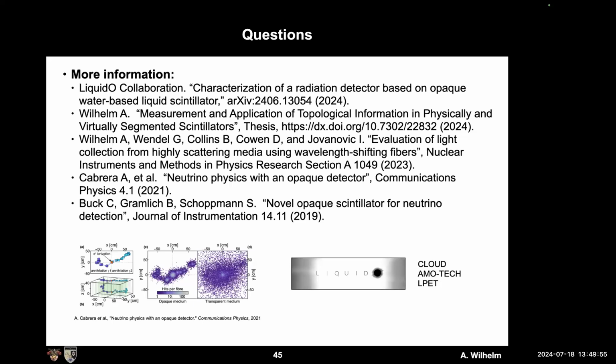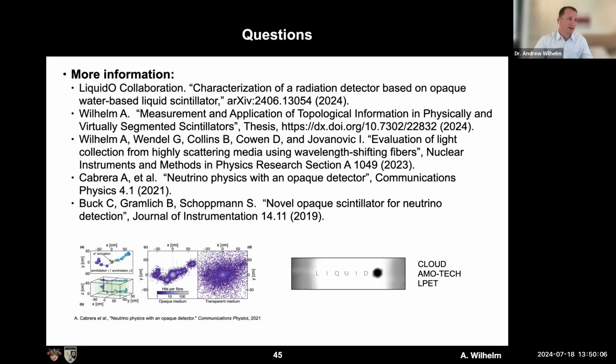It says, is there a correlation between the photon's energy and the length of the WLS fiber in the case of an opaque scintillator? Yeah, that's a good question. I think there certainly is a relationship. I'm assuming you mean the incident gamma ray. If that's not what you mean, correct me.